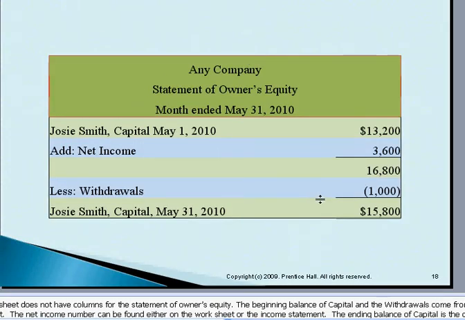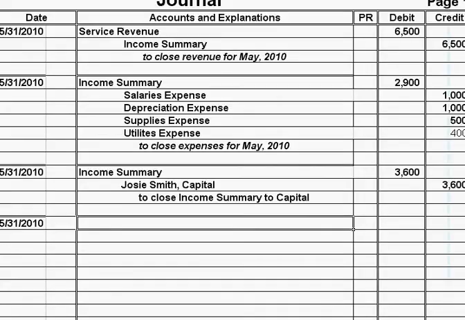Okay, so going back. Here's the statement of owner's equity. We see that Josie Smith had $1,000 in withdrawals. The normal balance of a withdrawal account is a debit balance. So in order to close that, we've got to credit that account. Okay, so if we're crediting the withdrawal account, we have to do what?